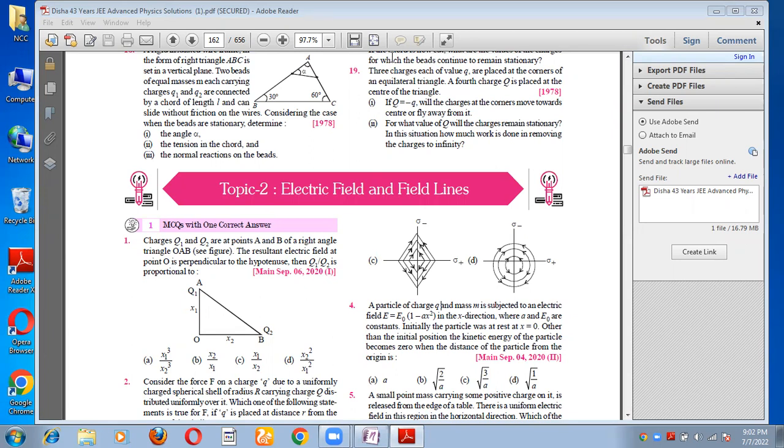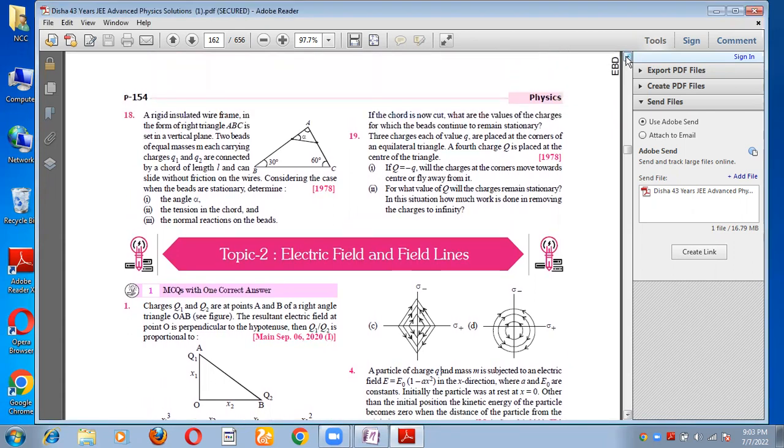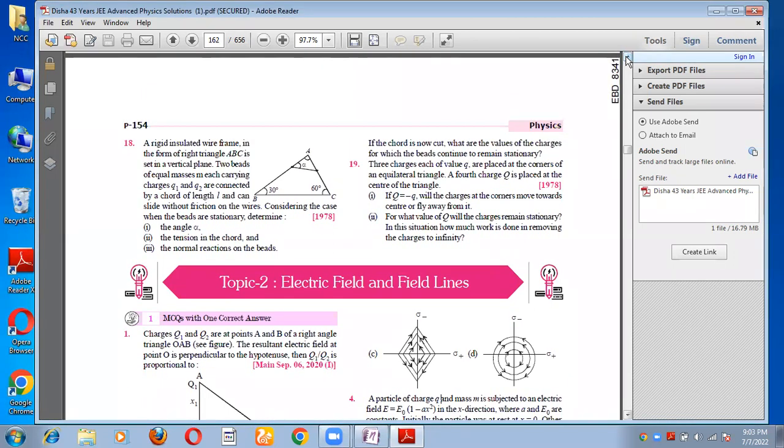So in the last class we were discussing, I think, a JEE question, right? Do you remember the last question we have discussed? So we were discussing NEET questions. NEET questions.